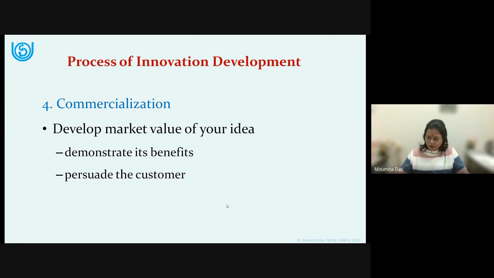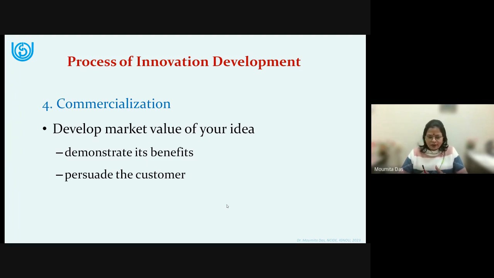So what you do here is you take your prototype, go out in the market and demonstrate it to the customers, would-be potential customers. You say, okay, this has got this benefit, this is much better than what you're already using, and demonstrate it.